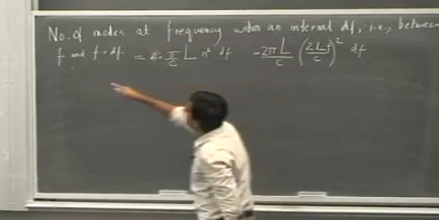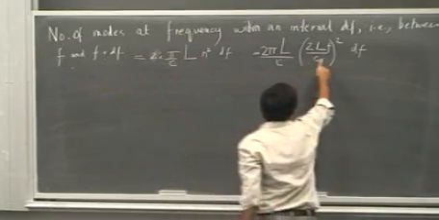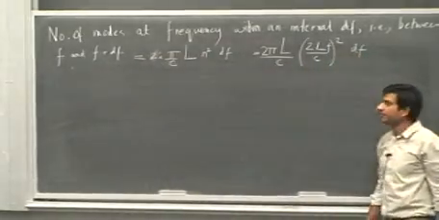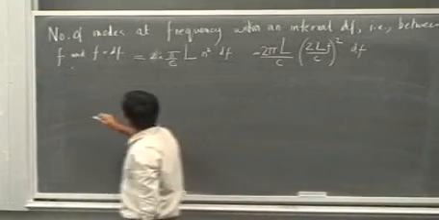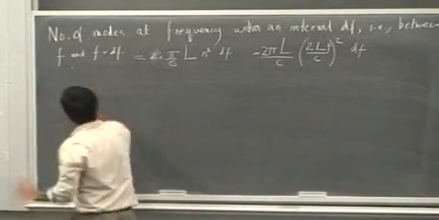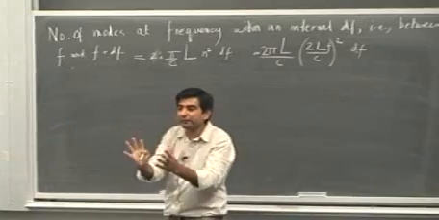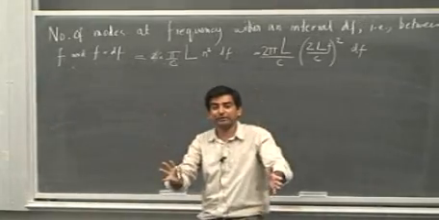n की जगह हमने 2LF over C square दिया। So this is the number of modes in a frequency interval df at the frequency f.